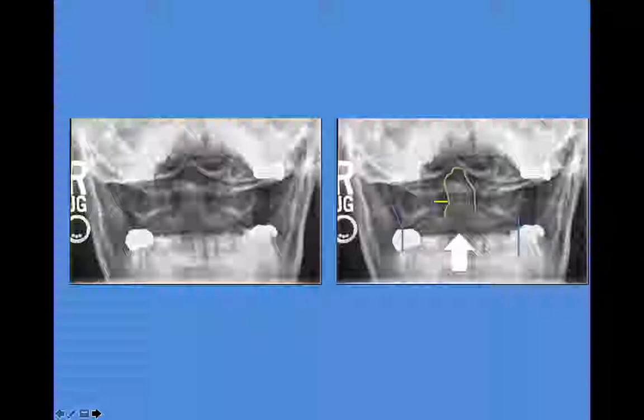So the purple lines are the lateral masses of C1, and you can see with the blue lines that the lateral aspect of the lateral masses of C1 must line up with the lateral border of the body of C2. And then you can see that the space between the lateral mass of C1 and the odontoid process, shown by the little horizontal yellow line, is supposed to be symmetric on both sides.